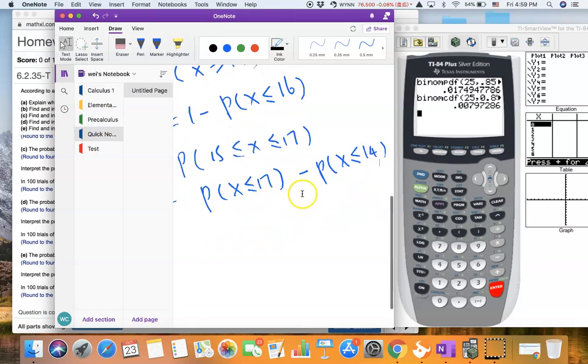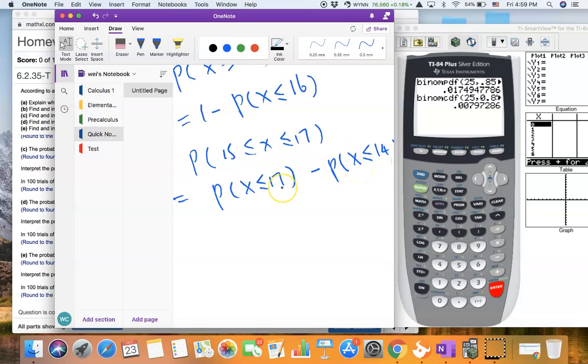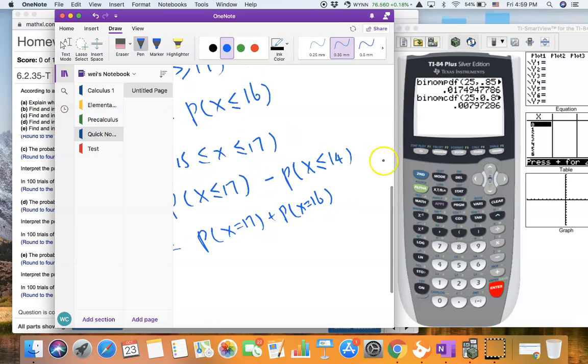So that's why we subtract the probability that x is less than or equal to 14. The sum of these three probabilities is what we are looking for.